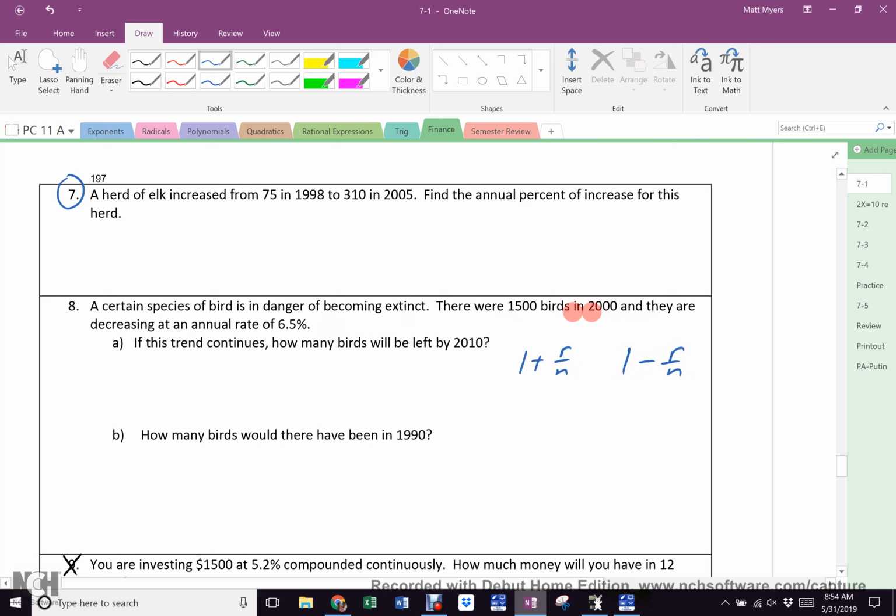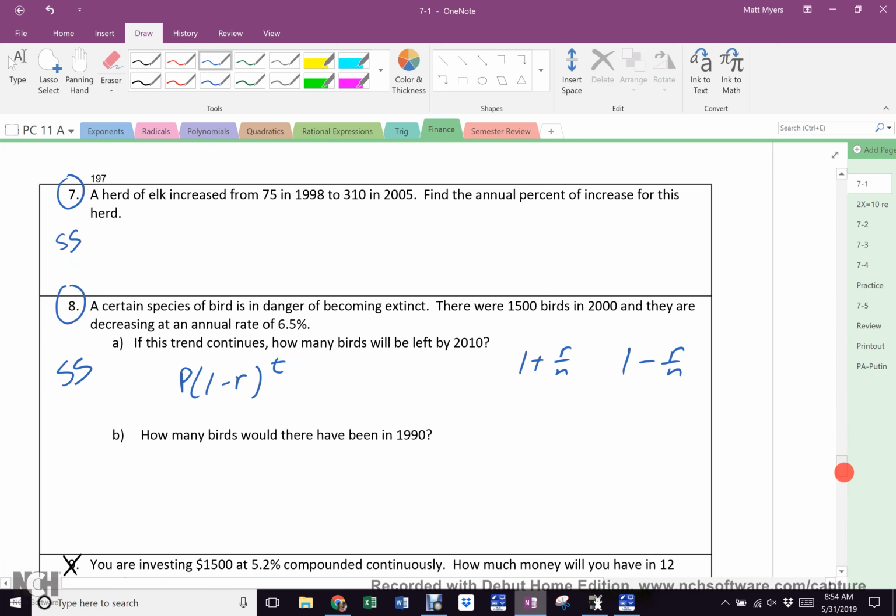And since it's every year, what's n? 1. So this is just P(1 minus r) to the t, because there's no n there, right? We're not checking it in fractions of the year. We're only checking it once a year. So you can check 8 already on your spreadsheet.